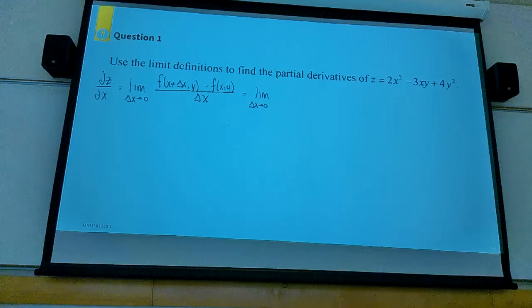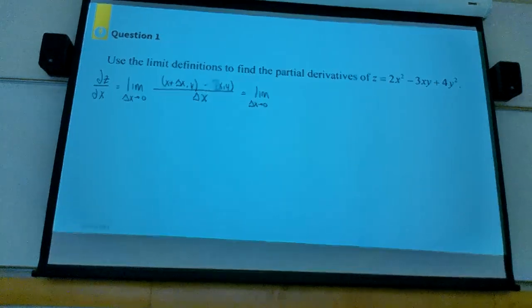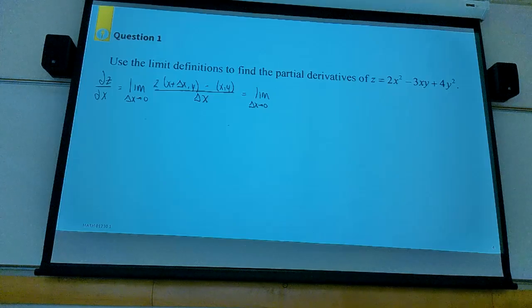I guess I should say that should be z, right, not f. That doesn't matter. Z of x plus delta x comma y.